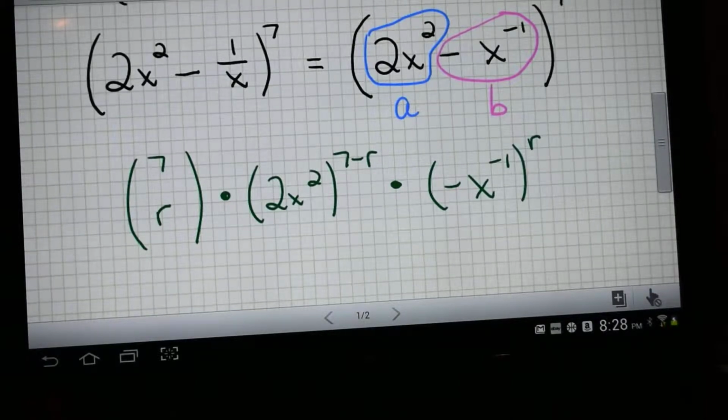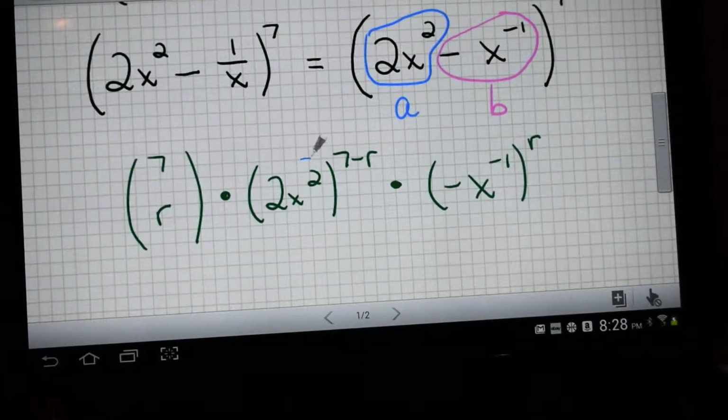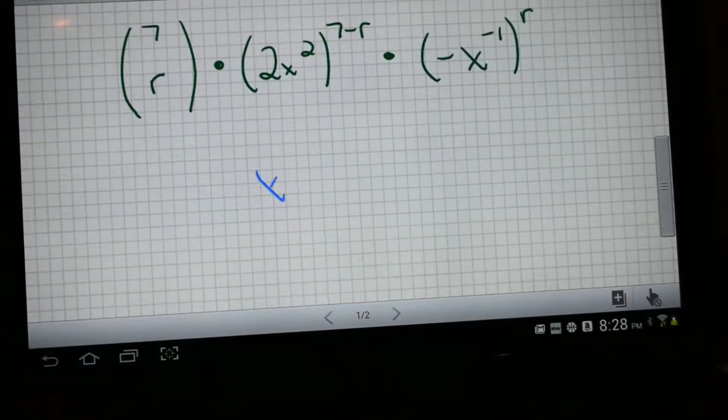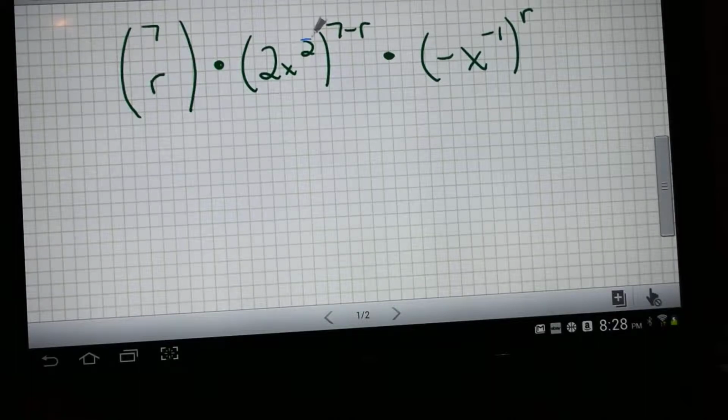Now what we're going to do here is, this right here is a power raised to a power. I don't know if you remember, but if you had something like x squared to the third power, that became x to the 2 times 3 power, or x to the 6th power. It's the same thing. When you have a power raised to a power, you're going to multiply the two powers together.